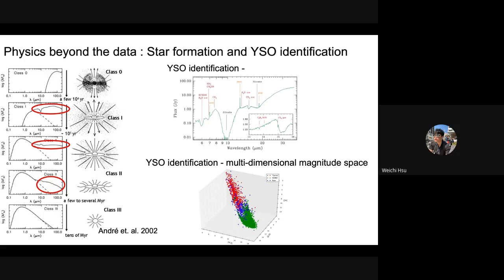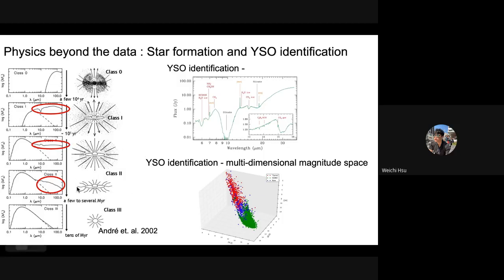So in the red circle, we can see the component that is dominated by the disk structure and the envelope of the YSO. So it is hard to identify the YSO by only seeing the spectral energy distribution.